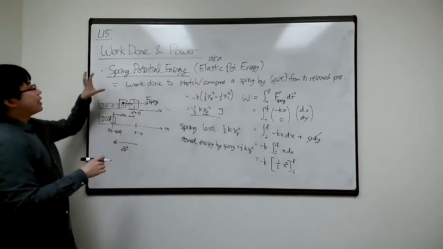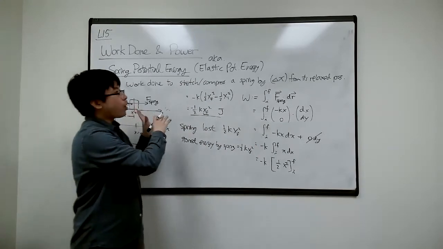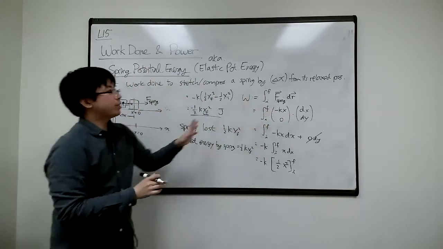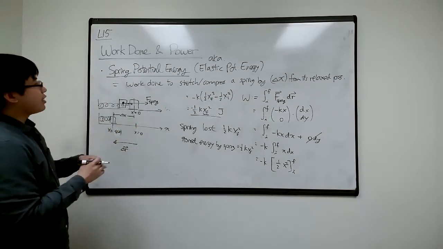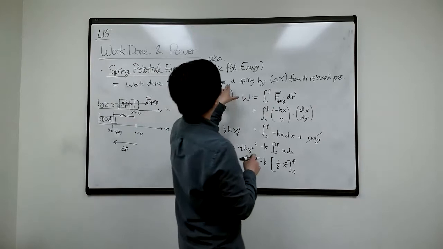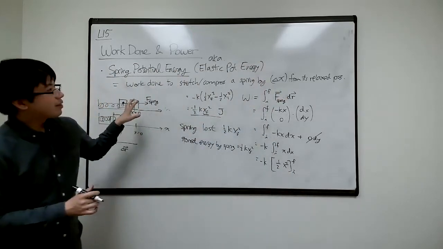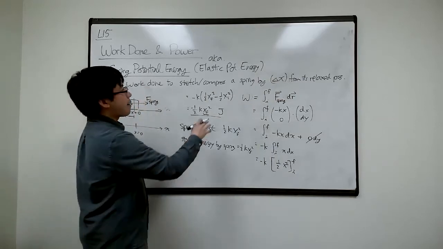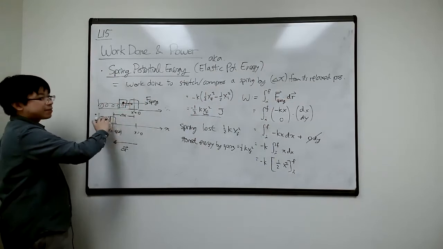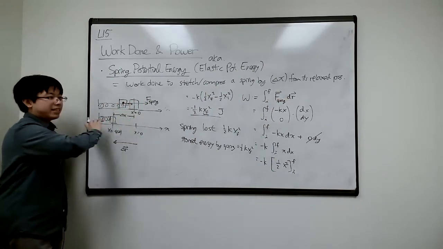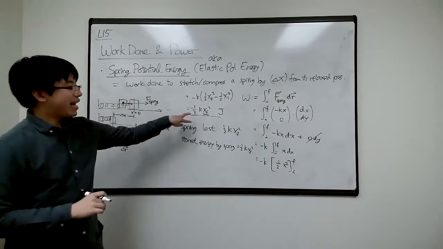So the potential energy is the amount of work to push it back to the initial position. If we look at the definition carefully, maybe I should say work done on the object by the spring to push it to the relaxed position, then it will be sort of the negative of this.